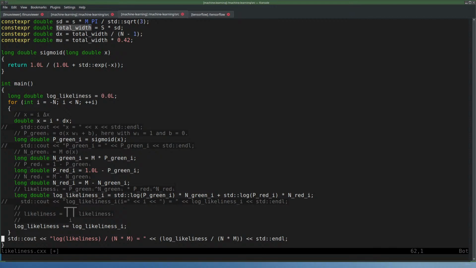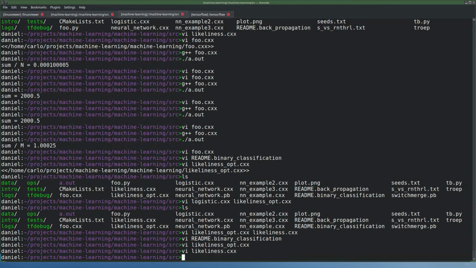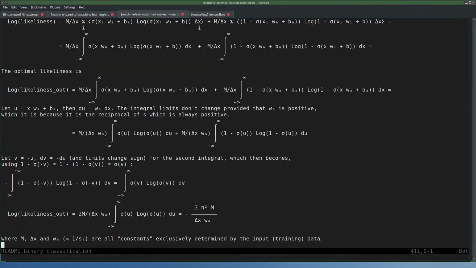Yeah, then I can delete this, I think. Or redo it later. What to do? What did I want to calculate? This value here.